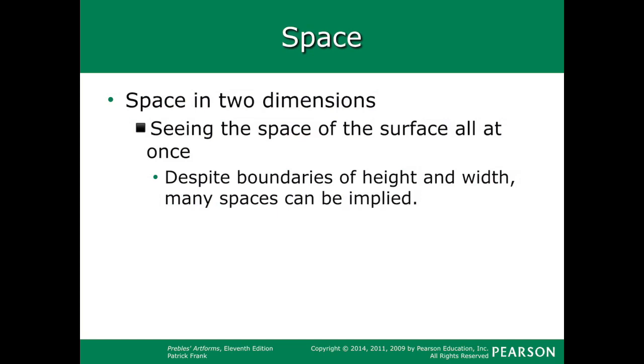When it comes to space in more two-dimensional works, we're actually looking at the work all at once. And that is the main difference between space on a 2D work and space in a 3D work, where we actually had to interact with it more. But on a 2D surface, we're actually looking at the whole thing all at once.